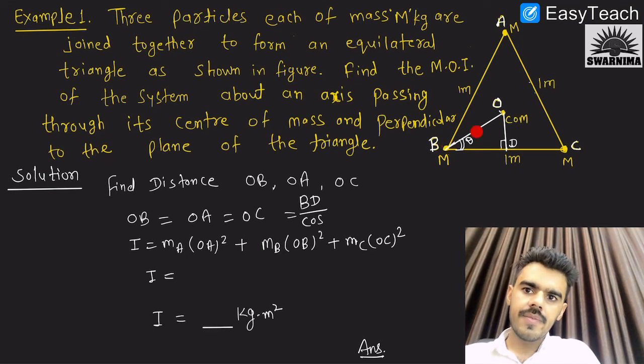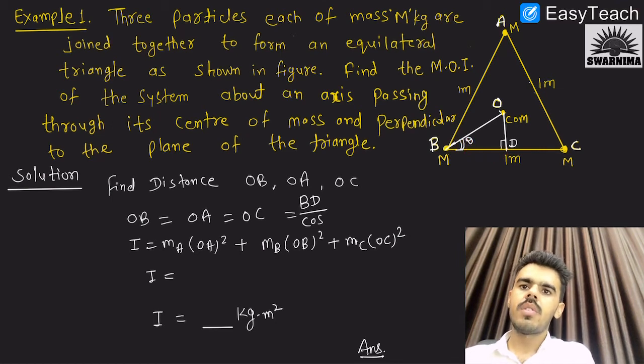because this line intersects at the midpoint of AC. So this divides both angles in equal parts. So this angle is also 30 and this angle is also 30 degree. So OB is equal to OA is equal to OC is equal to BD upon cos theta.